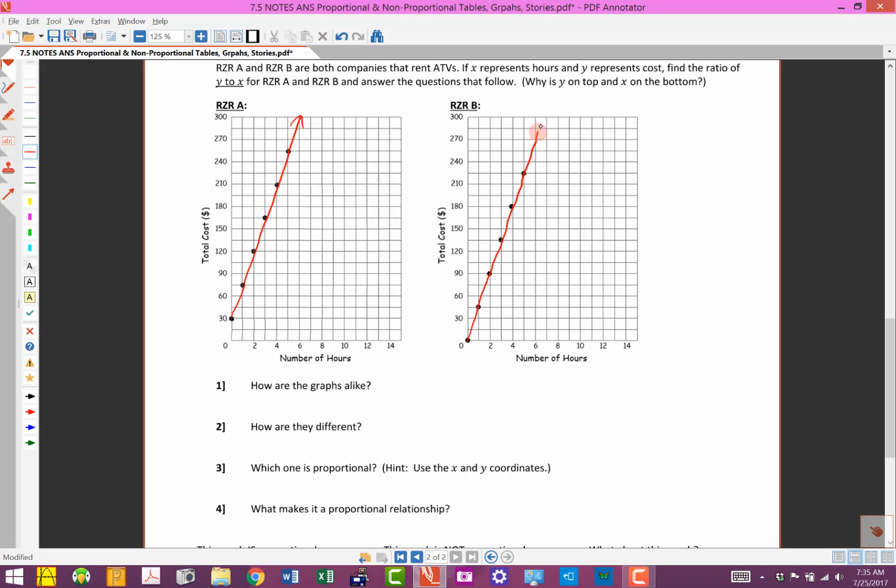And then like it said in the instructions, we're going to find the ratio of y to x. So let's go ahead and figure out where each one of these points is. The coordinates of this point are 0, 30. The coordinates of this point are 1 hour, and right in between 60 and 90 would be 75. So this is going to be 1, 75.